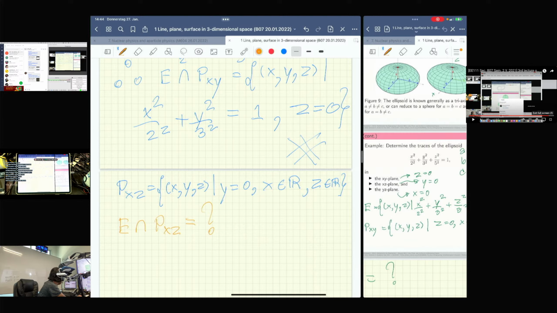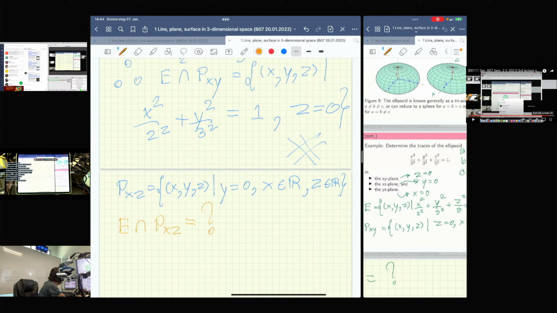Once you substitute 0 into this one, you're going to have x squared by 2 squared plus 0 squared by 3 squared plus z squared by 5 squared equal to 1, right?